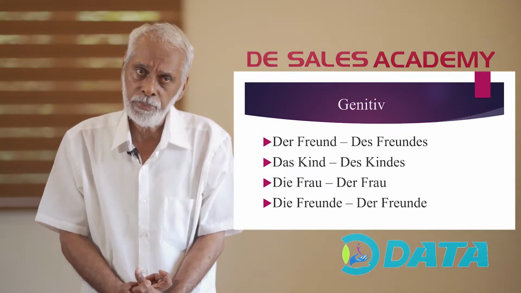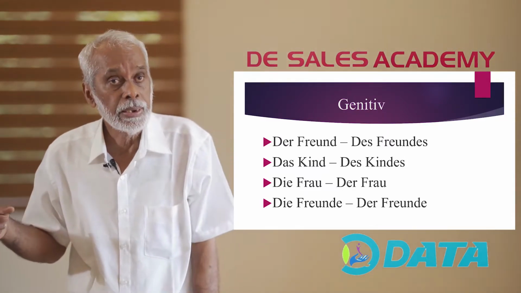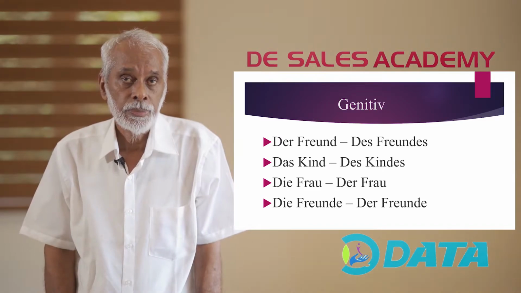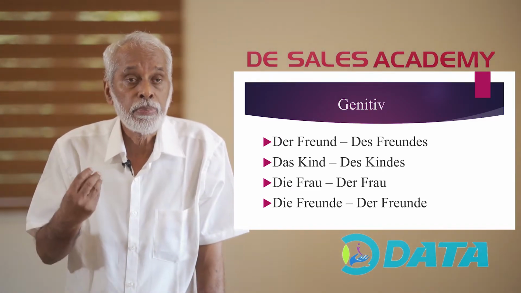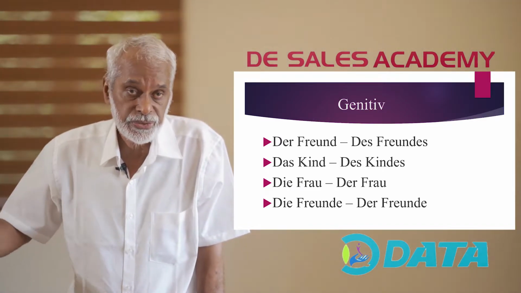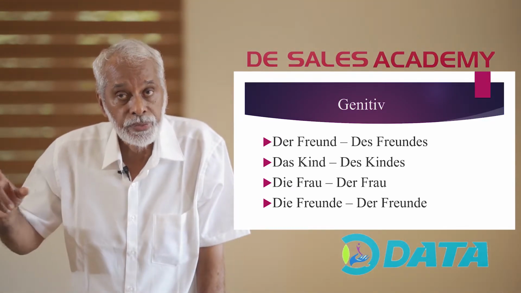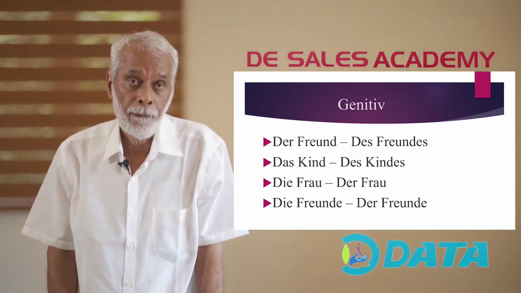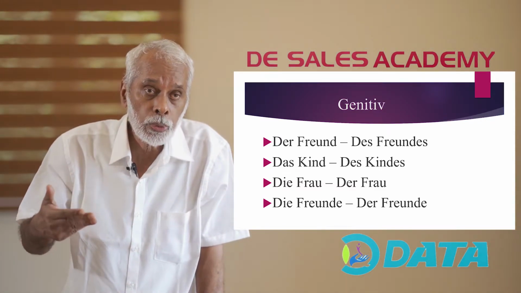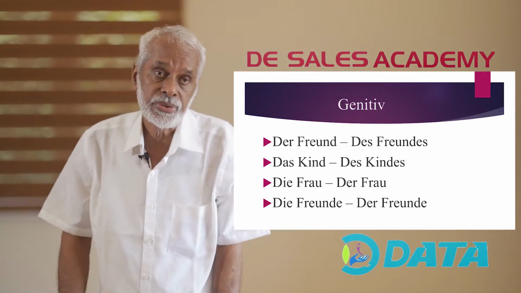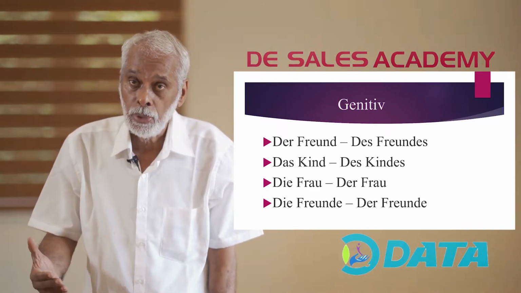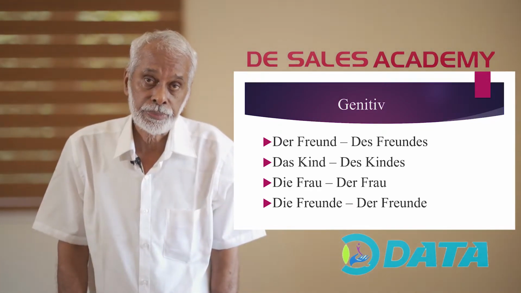Das Kind will become des Kindes. Das Spielzeug des Kindes, toy of the child. Das Auto des Freundes, the car of the friend.